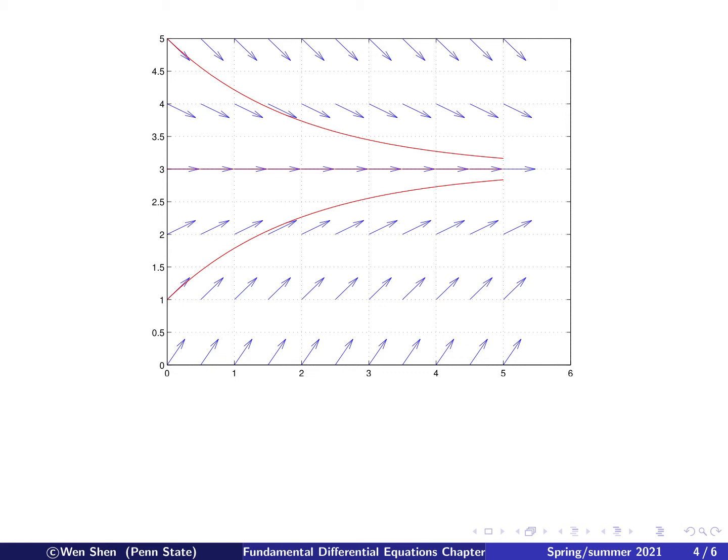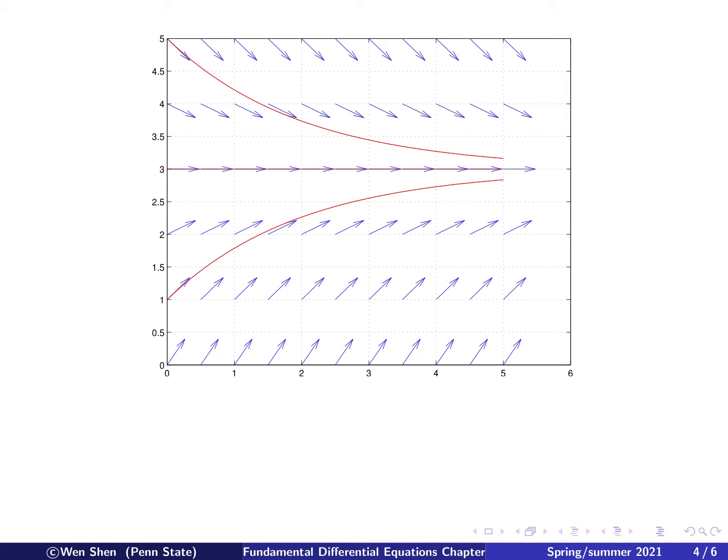Okay, now let's consider the case y bigger than 3, which will be the upper half of the line y equals 3, so up here. So consider the case y equals 4. Then here we'll have a downward slope, a little bit downward. All of these will have the same slope. Now if you go a bit further up, say y equals 5, we know we will still have downward slope.